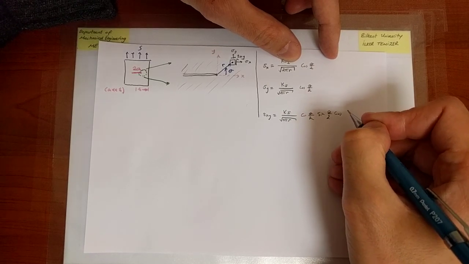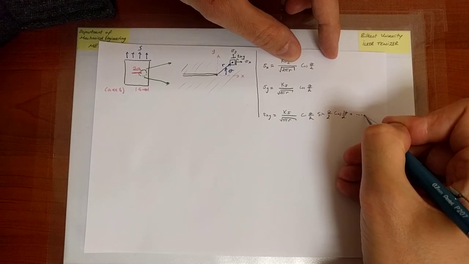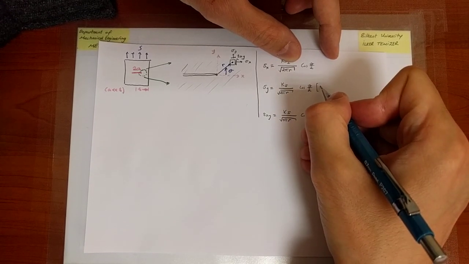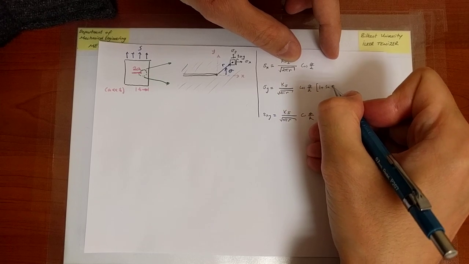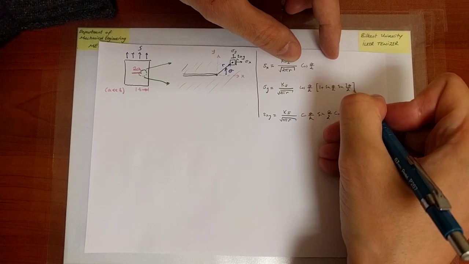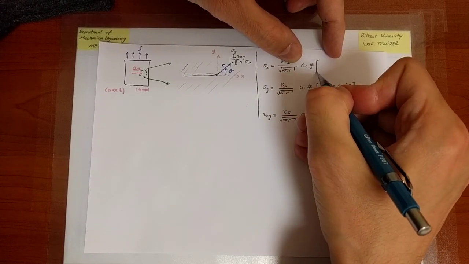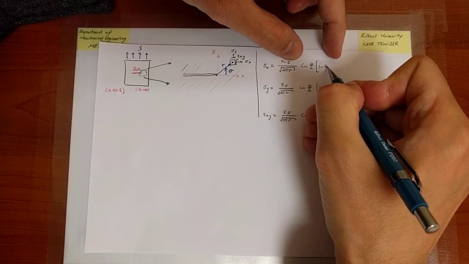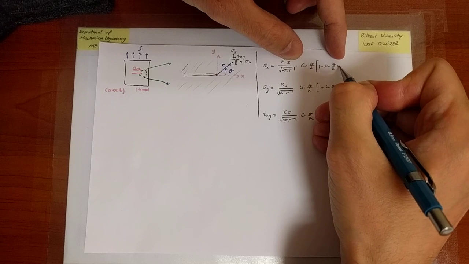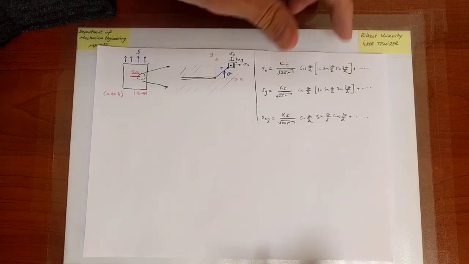Here we have cosine. I will explain what these dots mean.